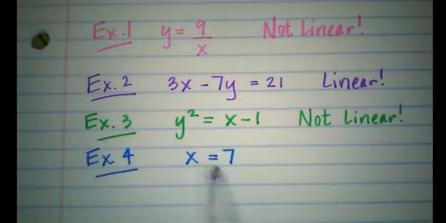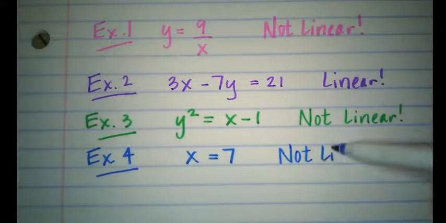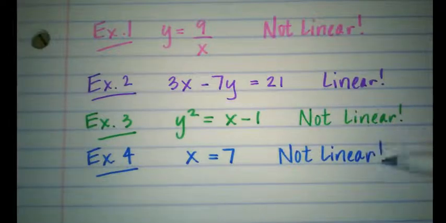There's only an x in the equation. So there is no y, so this is not linear. Now, I mentioned when we were doing the foldable, this is a line, but it's not a linear function because it's a vertical line. And vertical lines don't pass the vertical line test.